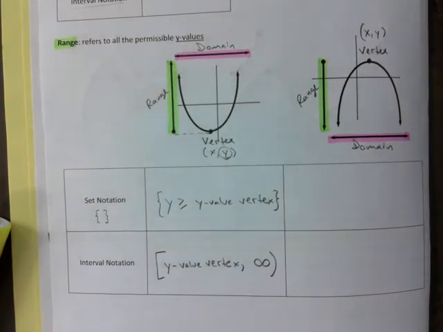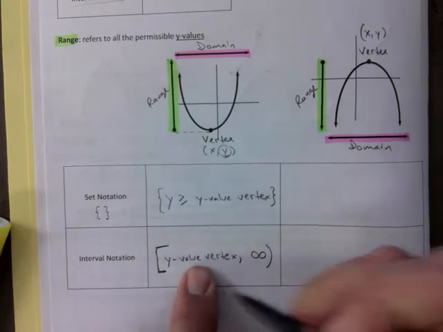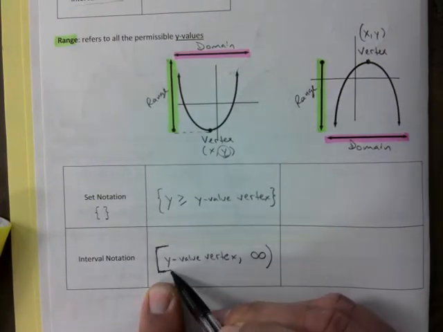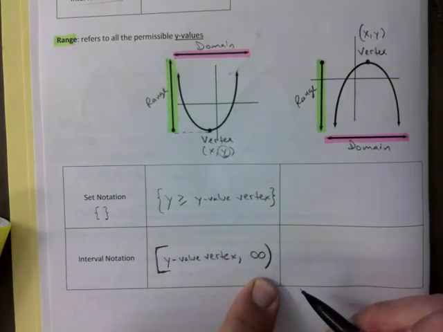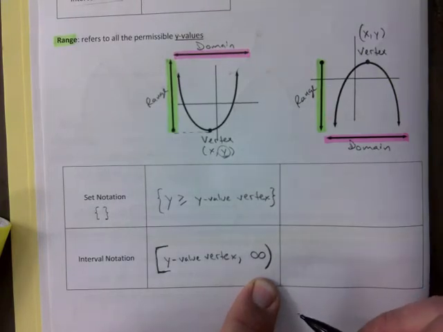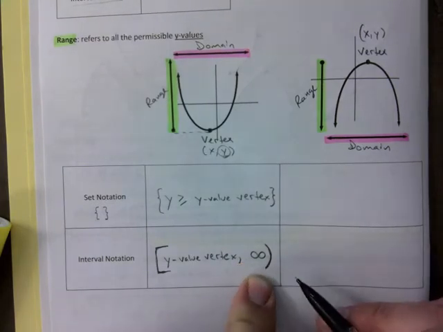And I know this has been a while, right? COVID, all these things. But you need to make sure you have a square bracket for that initial value because it's included. But anytime there's infinity, you should never have a square bracket around infinity. You can't include it because you don't know when it ends. So it needs to have a round bracket there.